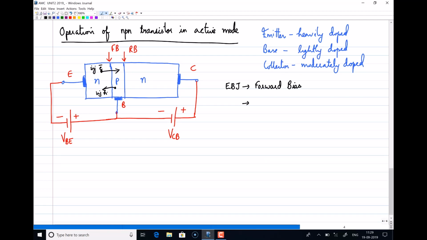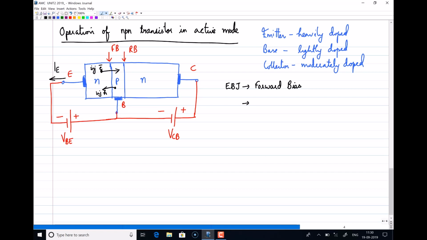Now with this I want to mention one more thing, the current direction. Conventionally the current direction is taken as the direction of hole flow, as we have seen even in a MOSFET. The actual direction of current is taken opposite to the electron current flow. Since the electrons are flowing from N to P in this direction, the actual current direction will be the opposite.